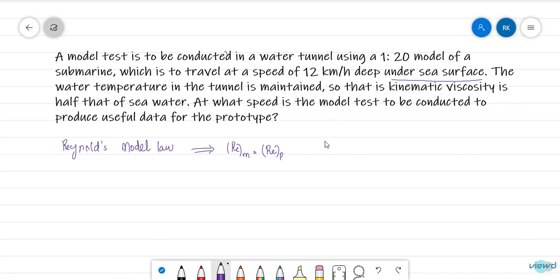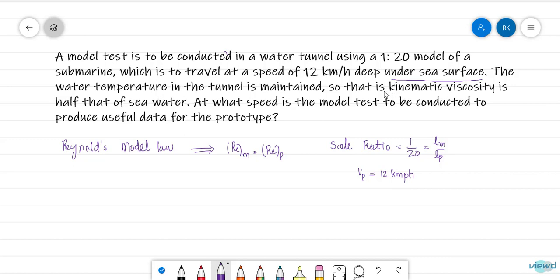Now what is the given data here? Scale ratio is equal to 1/20. Scale ratio means Lm/Lp. The submarine is to travel at a speed of 12 km per hour. Submarine means prototype, so the velocity of the prototype is 12 km per hour.